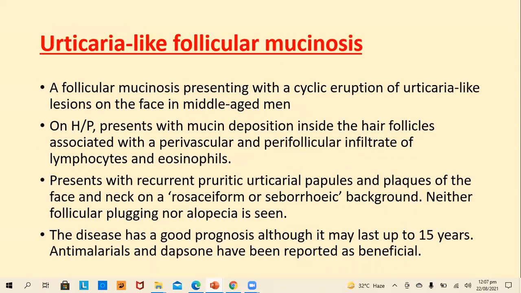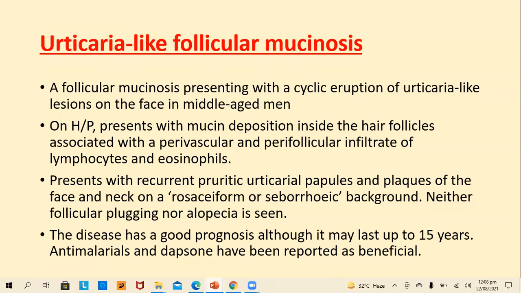The second type of follicular cutaneous mucinosis, primary type, is the urticaria-like follicular mucinosis. It presents with cyclic eruption of urticaria-like lesions on the face in middle-aged men. On histopathology, it presents with mucin deposition inside the hair follicle, associated with perivascular and perifollicular infiltrate of lymphocytes and eosinophils.